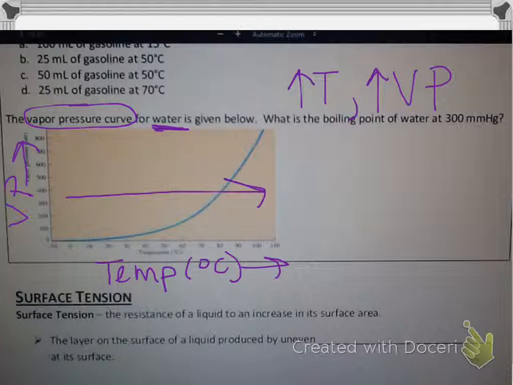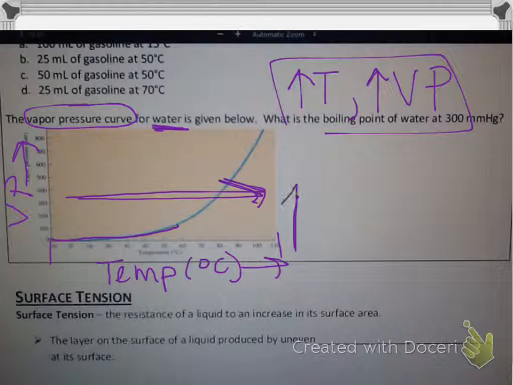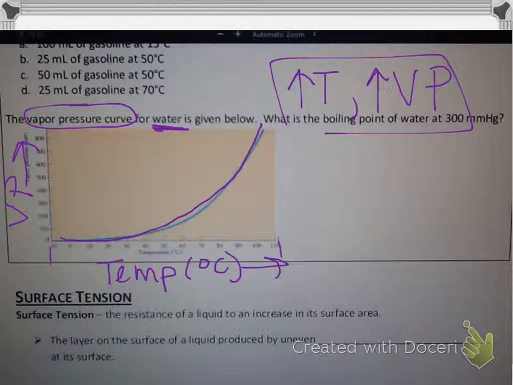Basically, what I'm showing you is this trend right here. As you increase the temperature from negative 10 degrees Celsius to 110, you increase the vapor pressure of the liquid. So we see that the curve goes up, right? The curve is going up as it goes right.